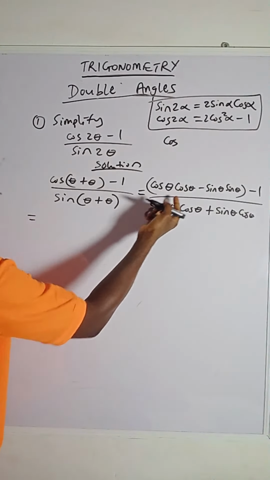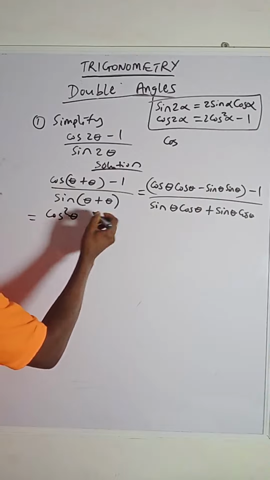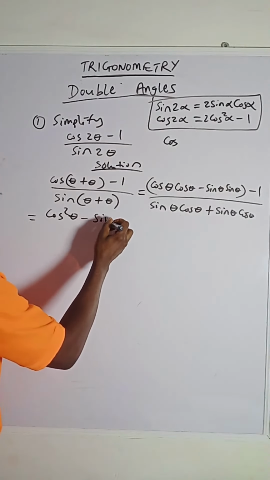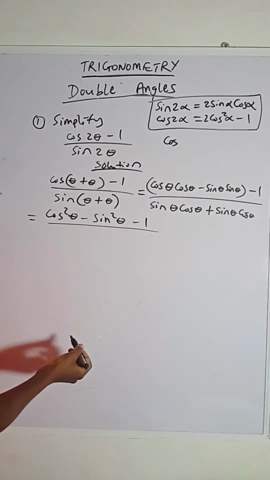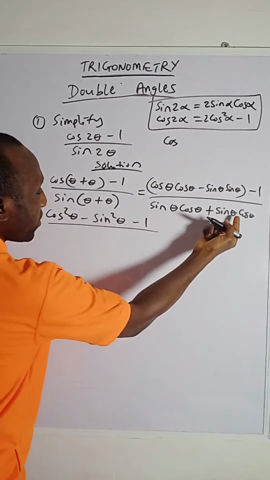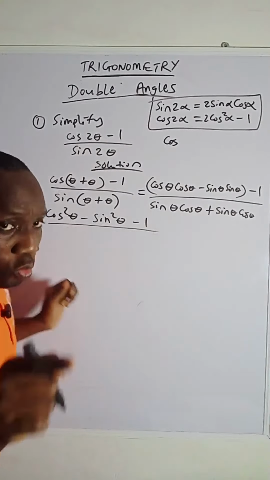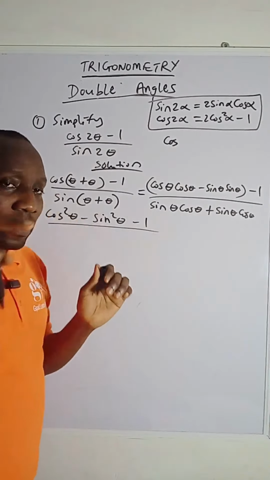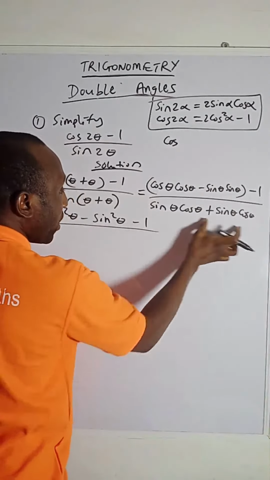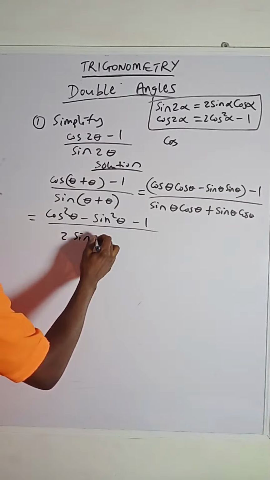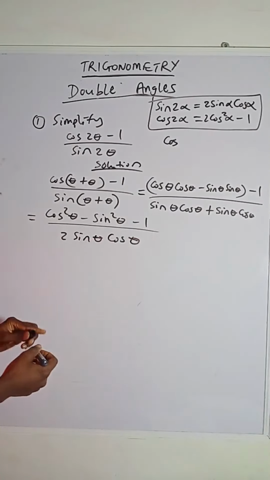So cos 2 theta is what? Cos square theta minus sine square theta, and then minus 1, all divided by what? If you add this to this, you are going to get 2 sine theta cos theta, because they're identical. When you add, you get 2 sine theta cos theta.